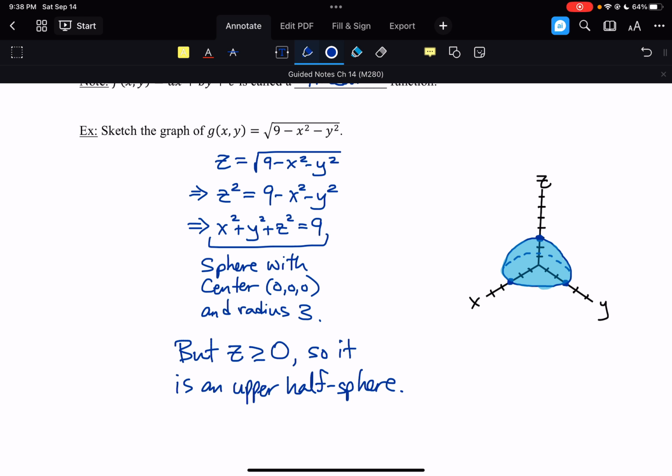And if you think back to the domain and range that we found earlier, the domain was x squared plus y squared less than or equal to 9. That is everything inside of the circle of radius 3. So that's the circle down here on the bottom. And the range was from 0 to 3. That's a height of 3 right there. So this does fit. This does track with the information that we found a little bit ago. So this would be a rough sketch of what that surface looks like. This would be an upper half sphere.